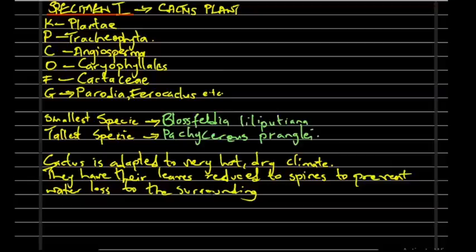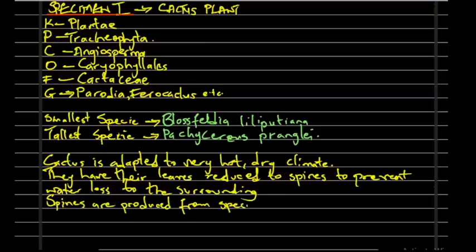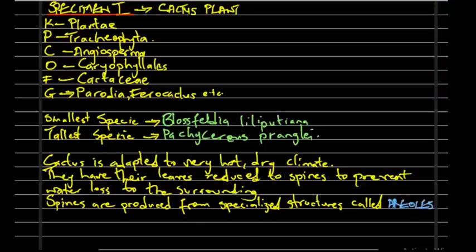So these spines are produced from specialized structures called the areoles. That is what the structures are called, the areoles.